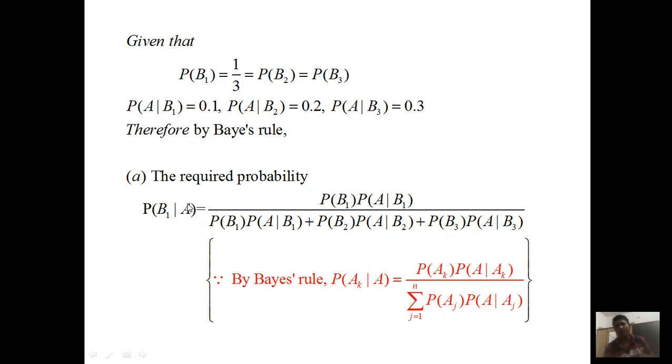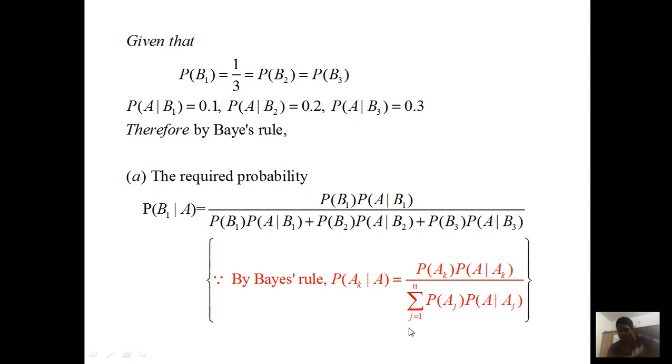Here the defective finger joint is already selected, and now we have to find whether it is coming from B1 or not. So according to the Bayes rule, the probability of Ak given A is equal to probability of Ak into probability of A given Ak upon the summation running from j equal to 1 to n of probability of Aj into probability of A given Aj. So we have to use this statement. So probability of B1 given A is equal to probability of B1 into probability of A given B1.